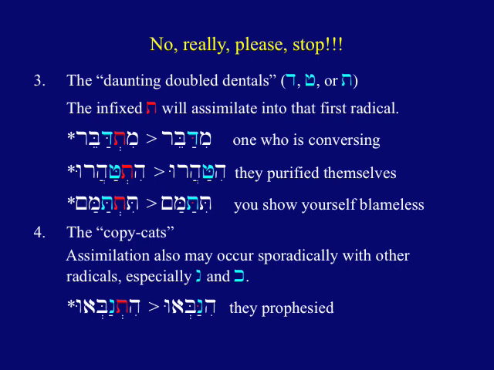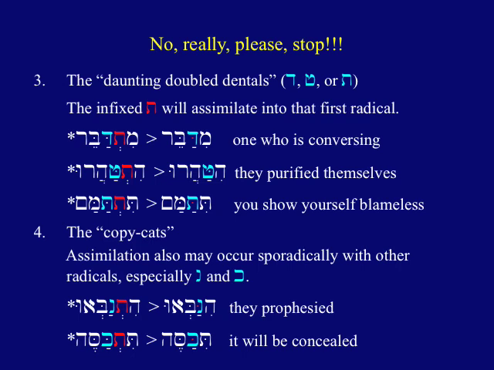Hypothetical form, hit naba'u, they prophesied, perhaps amongst themselves or something. Hit naba'u. And the tav assimilates of all things into the noon. Who would have seen it coming? Not me. Hinnaba'u. They prophesied.